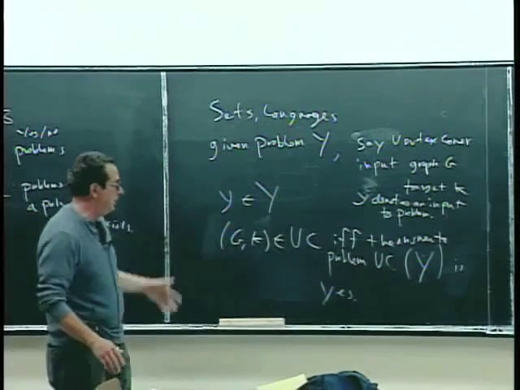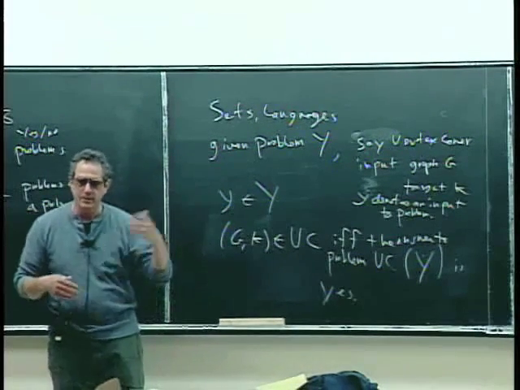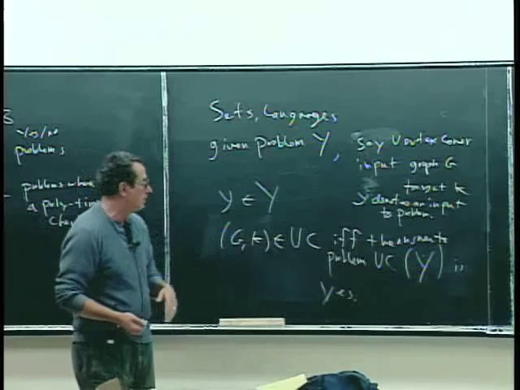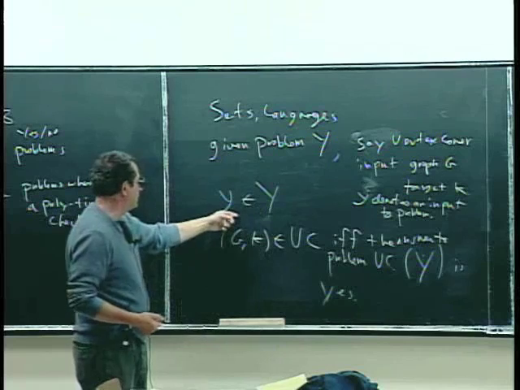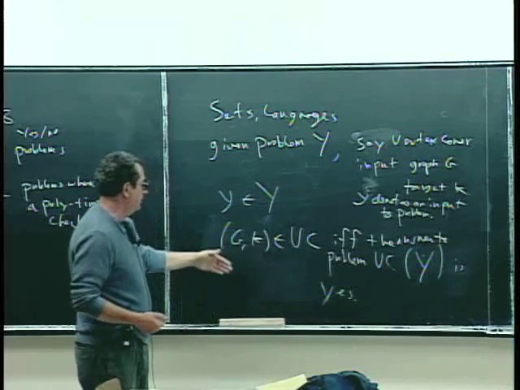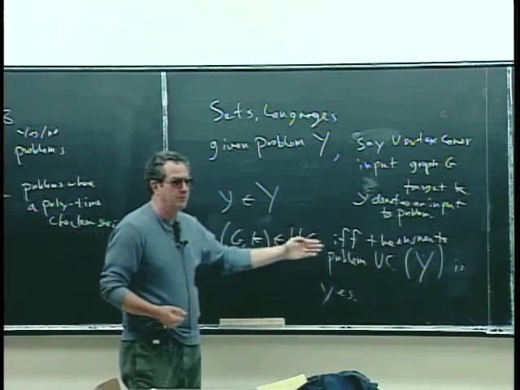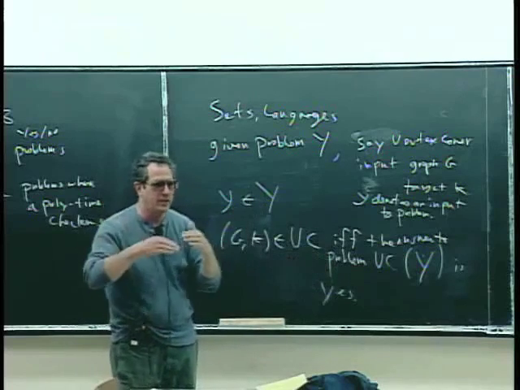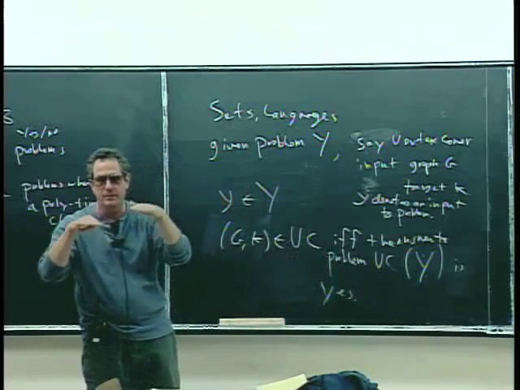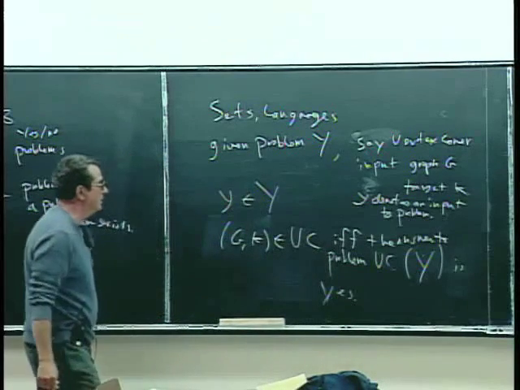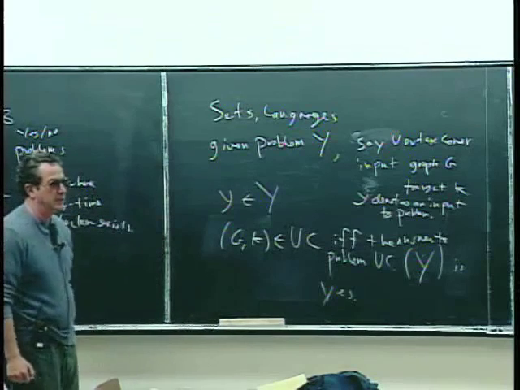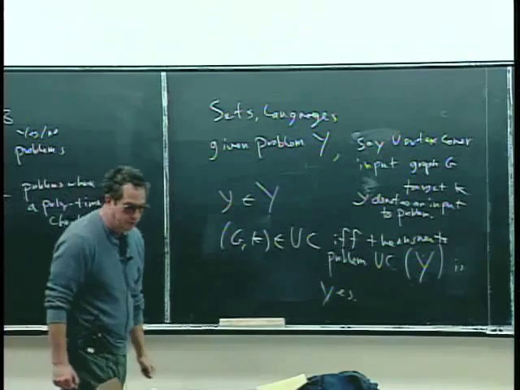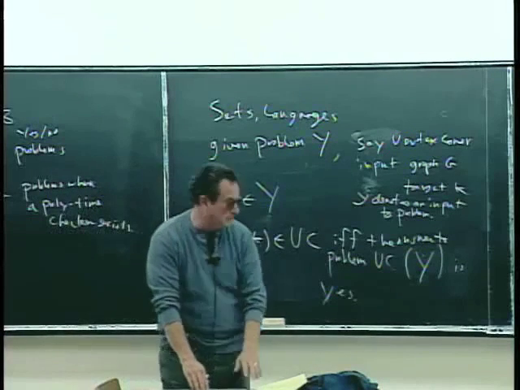So instead of talking about a problem, an input, and the answer being yes or no, we talk about this set. And an instance is in the set if and only if the answer to the problem is yes. So we just added a layer of conceptual clutter on top of it. We did nothing of any importance, but there it is, and the book is written that way, so it won't make sense unless we do that.